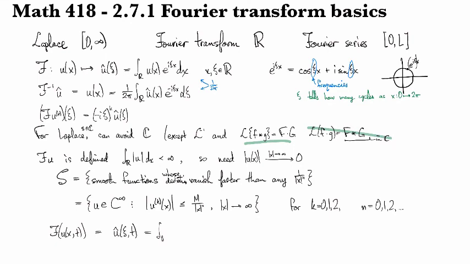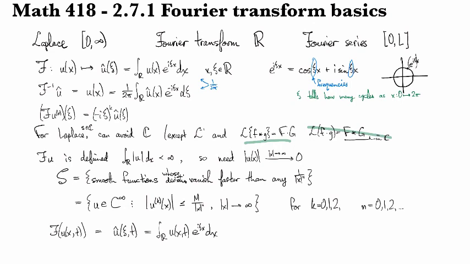It's defined as the integral of u(x,t) e to the i xi x dx. By the same calculations that we saw before for the Laplace transform, the Fourier transform of an x derivative is going to kick out a factor of minus i xi, but the Fourier transform of a t derivative is going to be completely unaffected. So we just have u hat t.